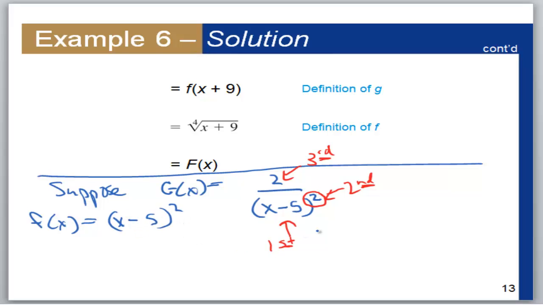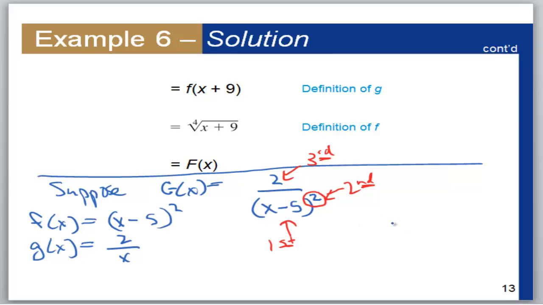So I took the first and second steps and combined them into one step. And then the second function would be taking 2 and dividing by the input, which is 2 over x. So I would have applied lowercase f first, and then lowercase g second.